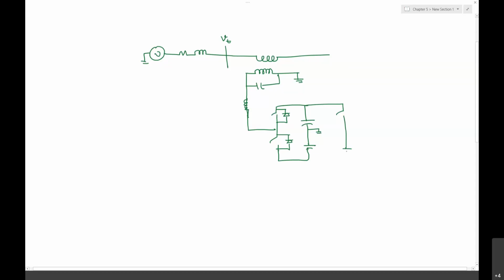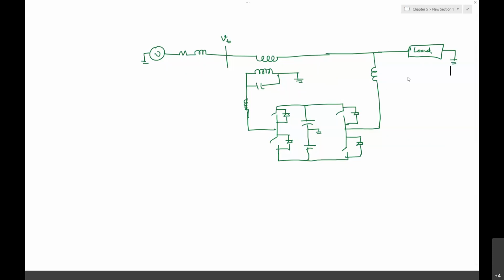I've combined whatever I've given an explanation for. This is the loop. Okay. This is a single phase system.